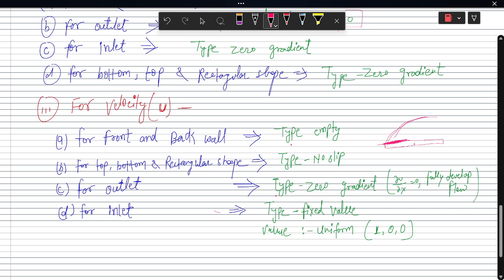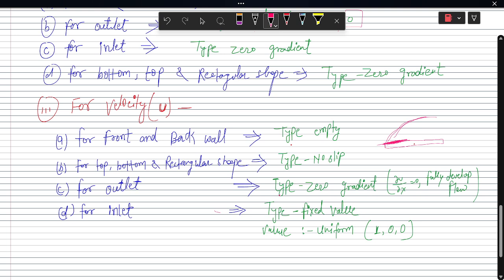The third condition is for the outlet, type zero gradient, so we can say the fluid becomes fully developed flow. For the condition of fully developed flow, del u by del x is equal to 0.